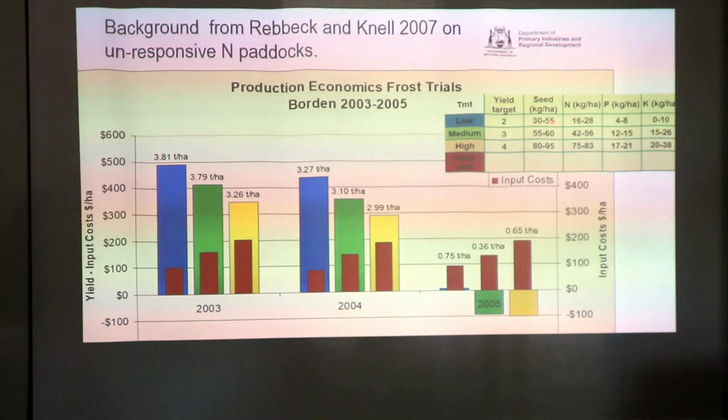You can see even in 2003 and 2004, where the crop wasn't really frosted much, the yields went down where they put on more nitrogen. And then in 2005, the first year I'd seen frost damage on our family farm, you can see there's a strong negative correlation. The more money they spent, the more money they lost that year.